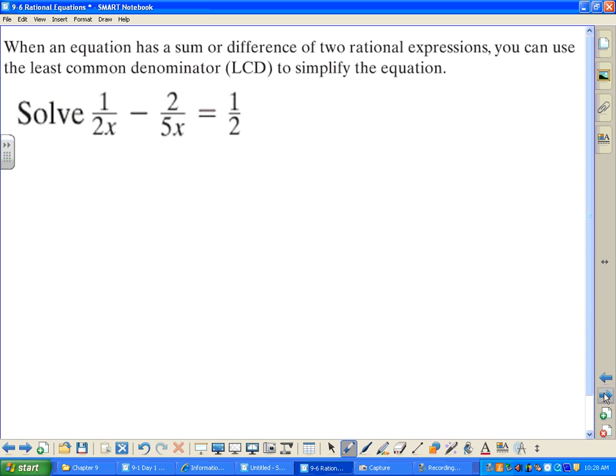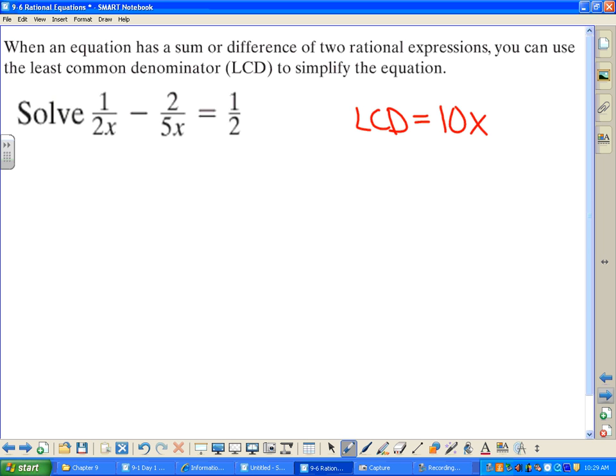The only difference is now I have an equal sign and I have a right-hand side as well. So in addition to the fractions I have over here being added and subtracted, I've got the answer over here that I need to consider when I talk about my least common denominator, because I want it for all 3 of my fractions. Okay? So the LCD in this case is going to be what? 10x, right? Does everybody see that?